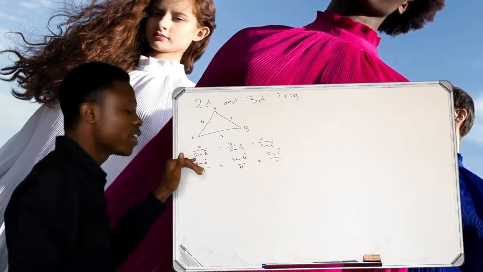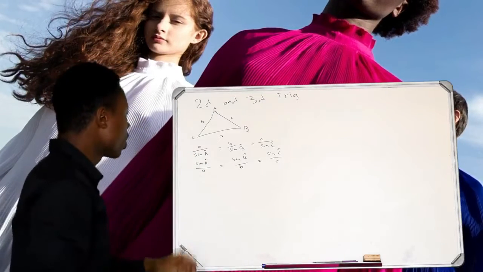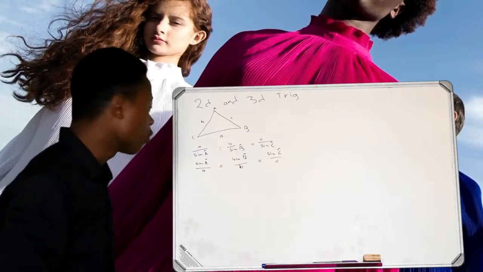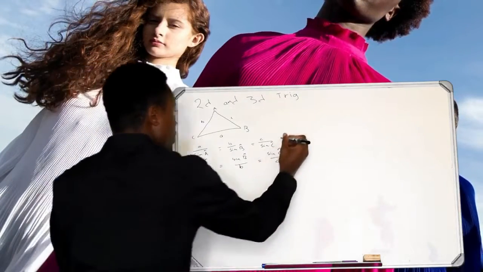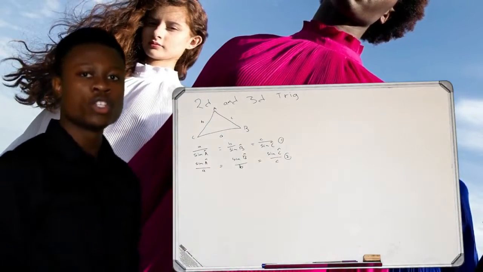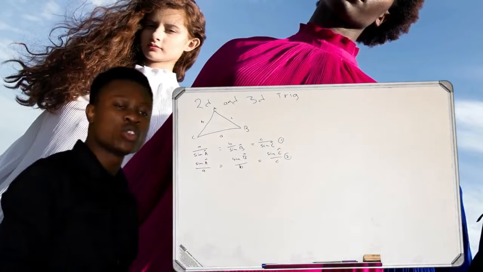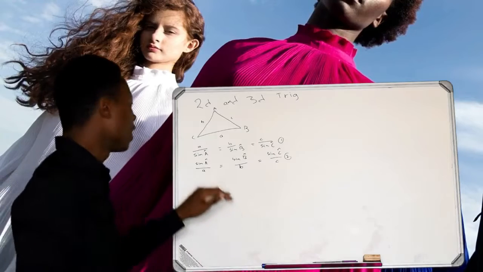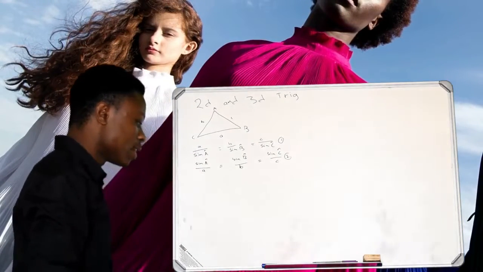You have to keep comparing it in the same ratio. So it will be length over the angle, and at the bottom, if it's angle over the length, you keep it like that. So these are two variations of this. This is one, this is two. You can use whichever one you want. I would advise when you are solving for a length, you put the length on top, and if you are solving for an angle, you put the angle at the top. So that is basically it for that.